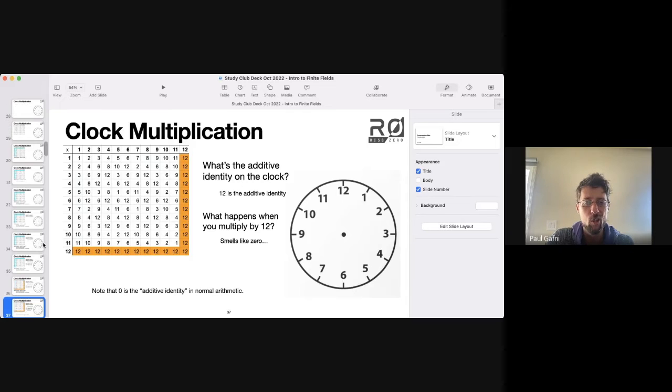So 12 is functioning exactly like 0 here in both the additive sense and the multiplicative sense. In practice, when we're thinking about this clock arithmetic world in more formal contexts, we usually would write it as 0 through 12 rather than 1 through 12. Or sorry, 0 through 11, I should say, rather than 1 through 12.